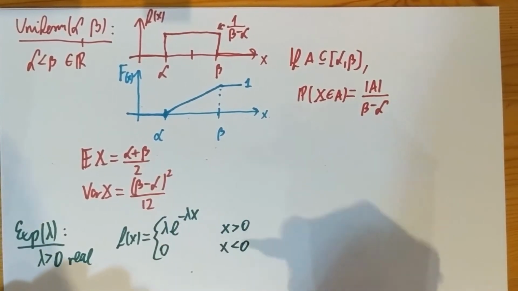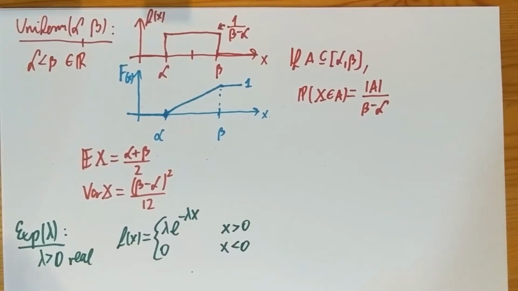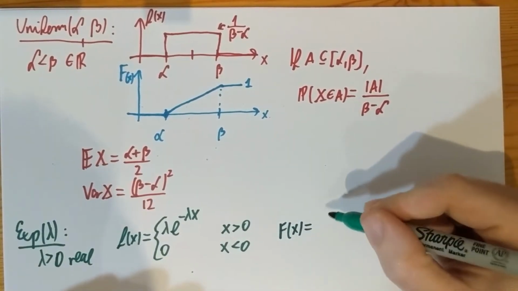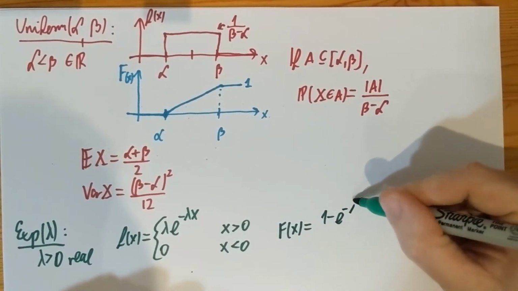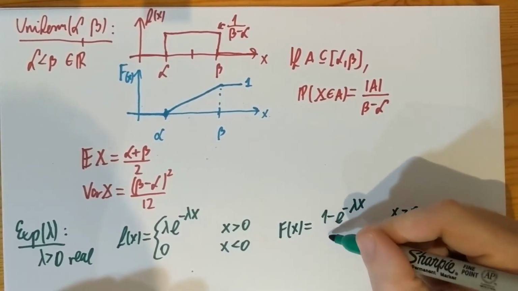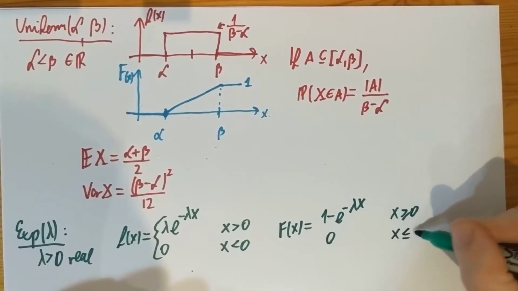I didn't tell you what the density is at 0, and I don't care either. The density is always to be integrated. At a single point, its value doesn't matter. So if I don't define it at 0, it doesn't matter. And if you integrate this out, the distribution function is going to be 1 minus e to the minus lambda x for positives and 0 for negatives.